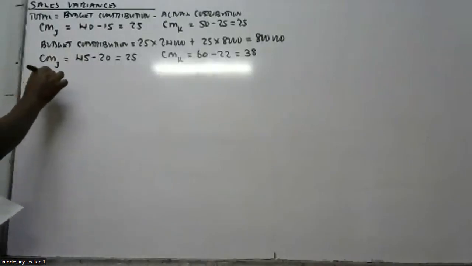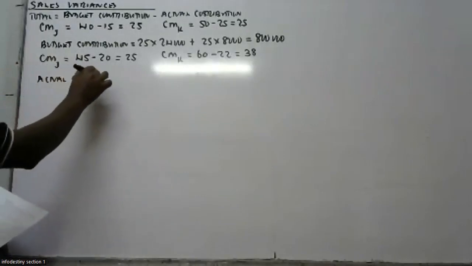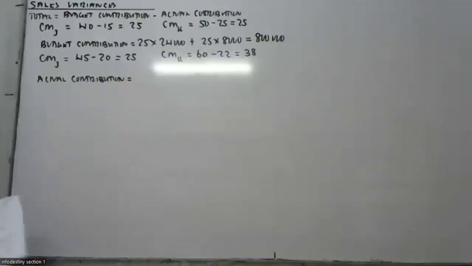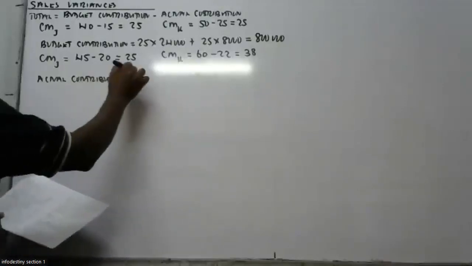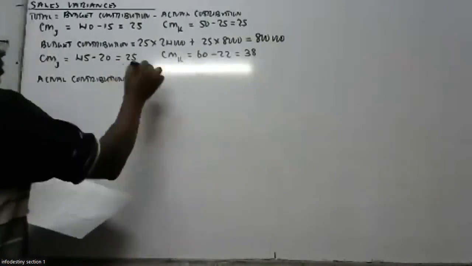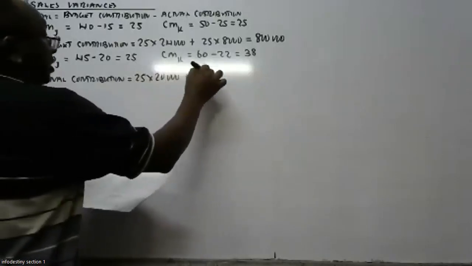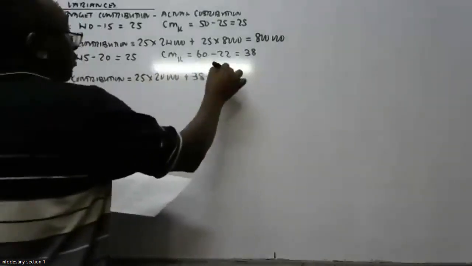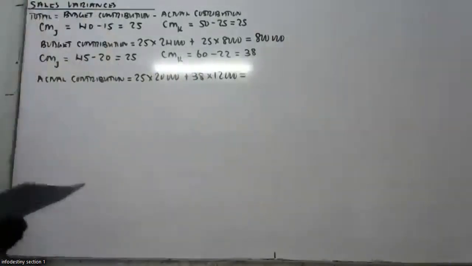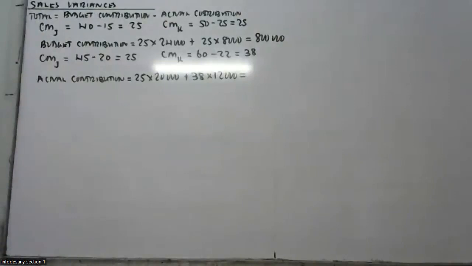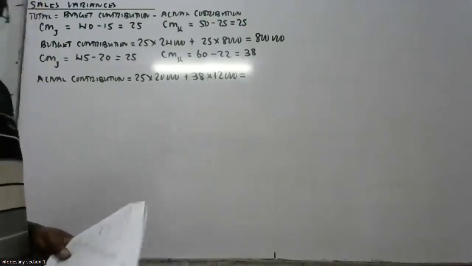So the actual contribution is 25 times the number of units, which are 20,000, plus 38 times 12,000. What are you getting? 956,000.